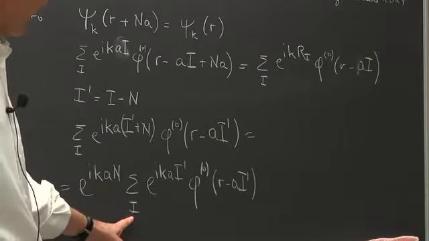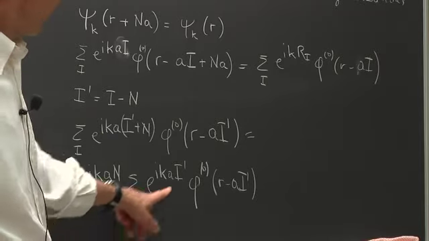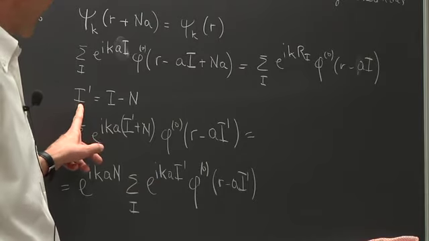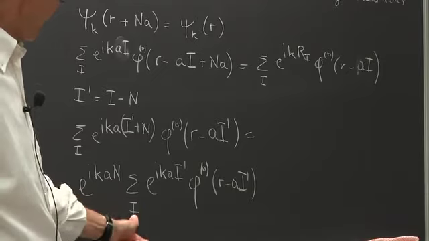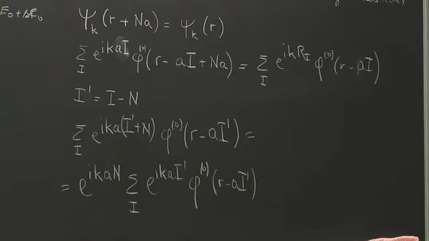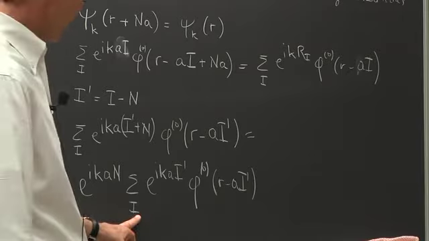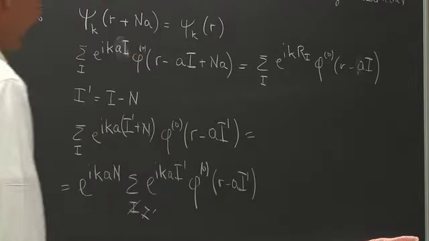Whether I sum over i from minus infinity to plus infinity, or I sum over i prime, which also goes from minus infinity to plus infinity, it's the same. I'm just changing the index over which I'm summing. So here I can say I can sum also over i prime.